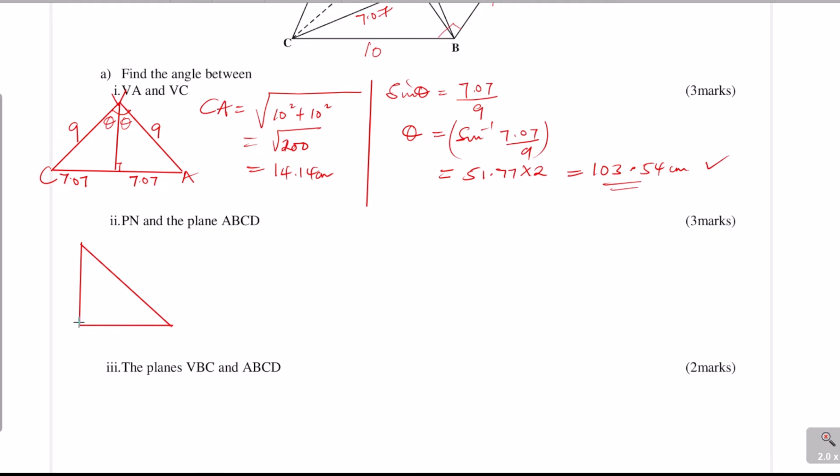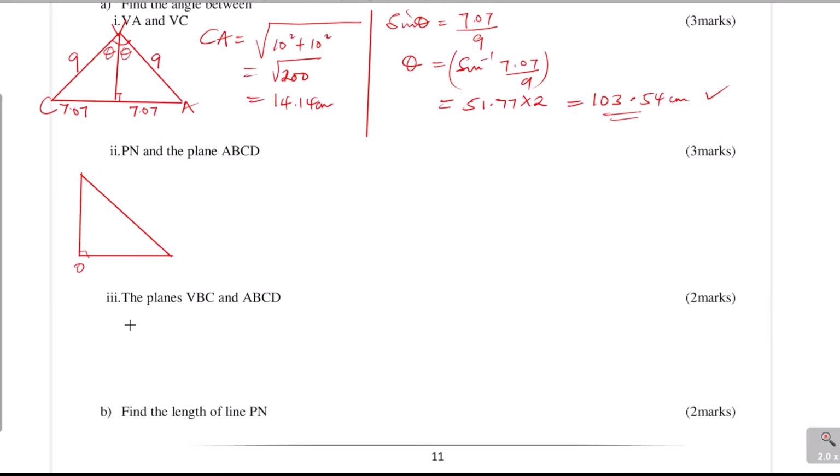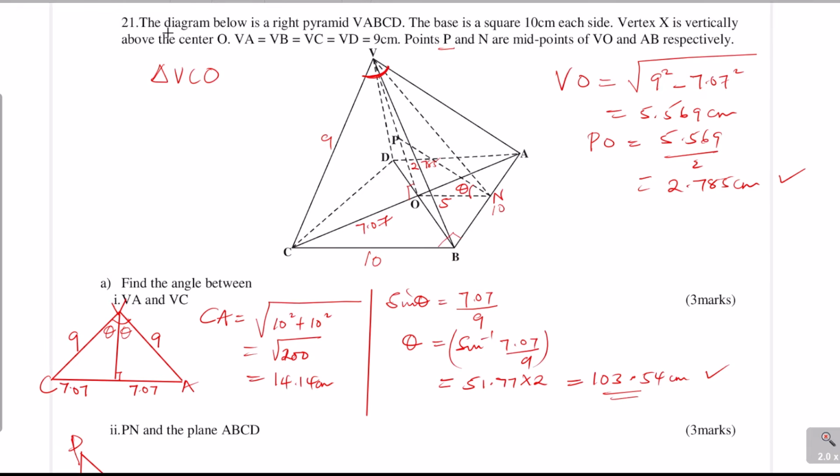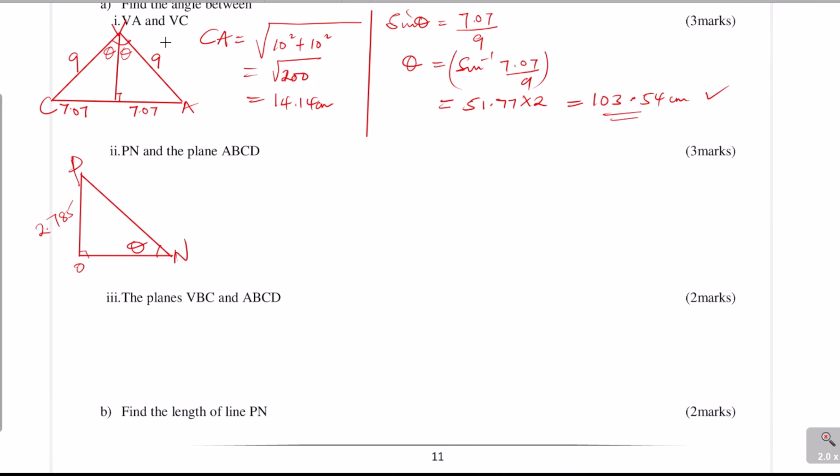That is O, and then we have P and N. Remember, we require this angle, and PO is what we have obtained at 2.785. And then ON is 5. Now getting the angle will be very easy.